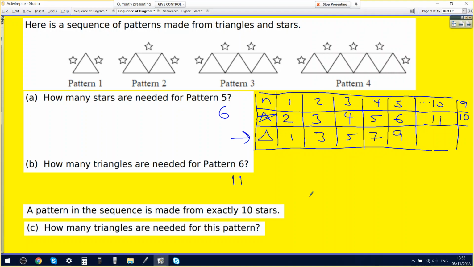It goes up by 1, but so you would add 11 onto... So what would be the nth term for the triangles?